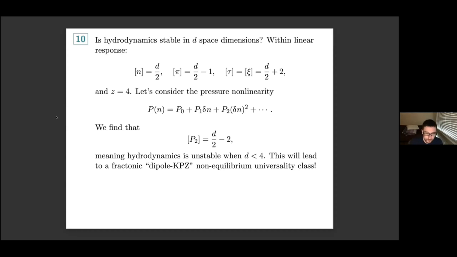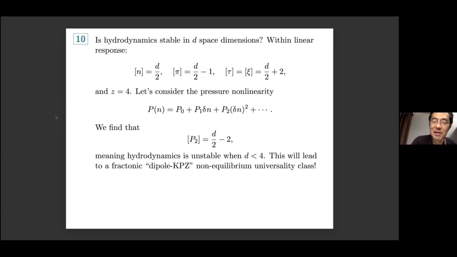And in some sense, this is the punchline of this talk. By studying a fluid with these non-trivial symmetries and conservation laws, we can find new universality classes both for hydrodynamics and for non-equilibrium physics.